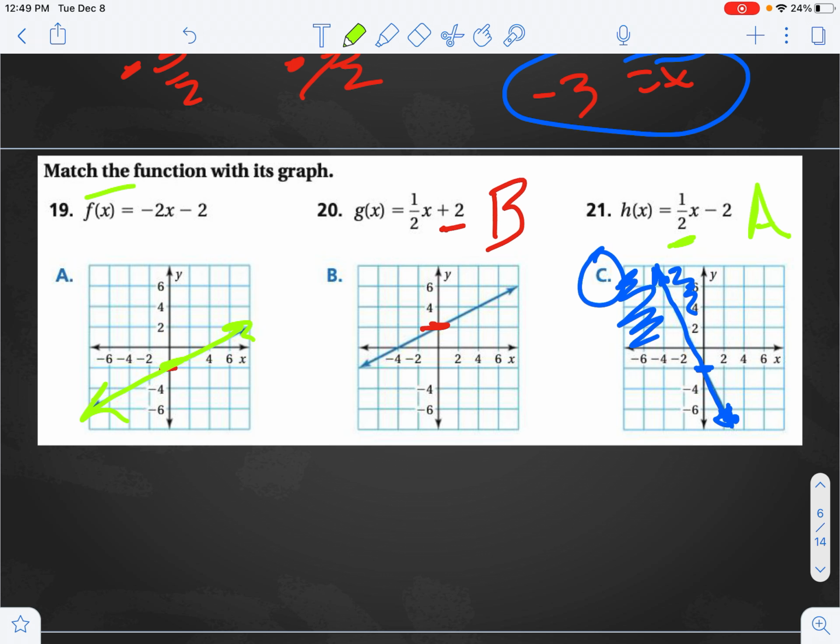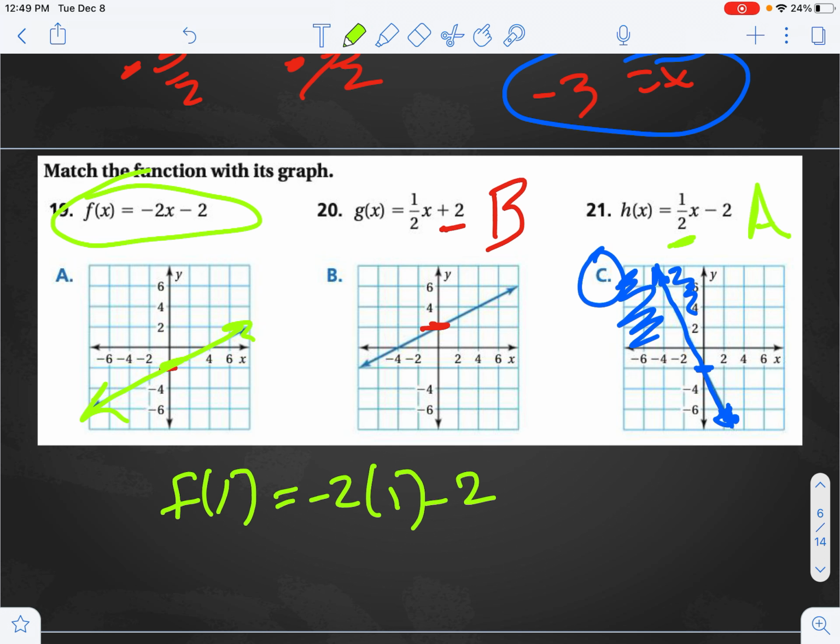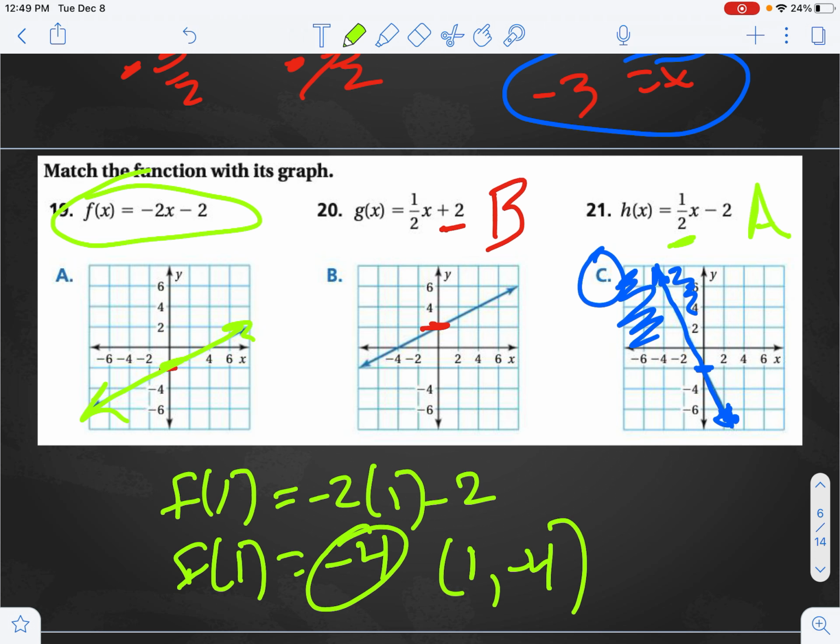So if we take this first one, if we wanted to just put x equals 1, we could start there. -2 times 1 is -2, minus 2 is -4. So this would say f of 1 equals -4, which tells us we said x is 1, and we just found that the y value is -4. So there's one point that we know has to be in our graph.